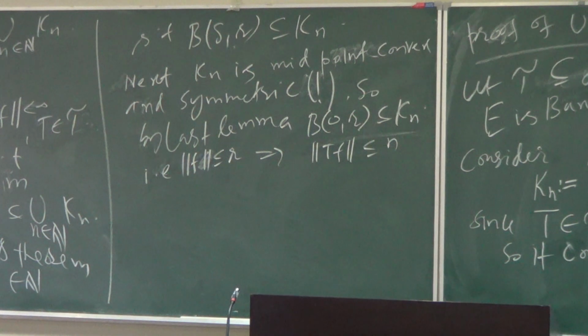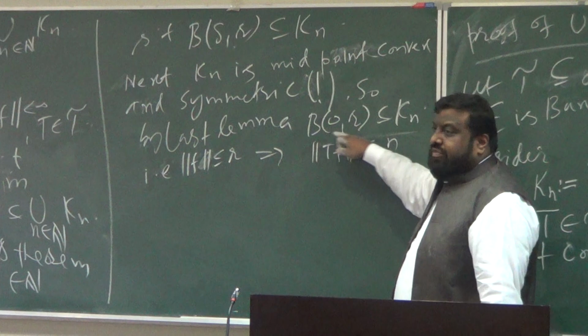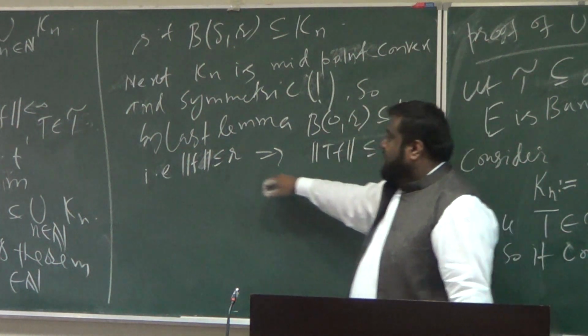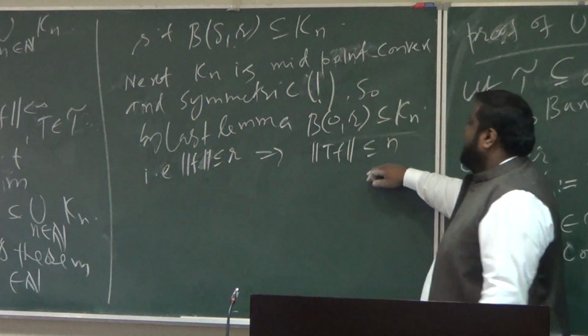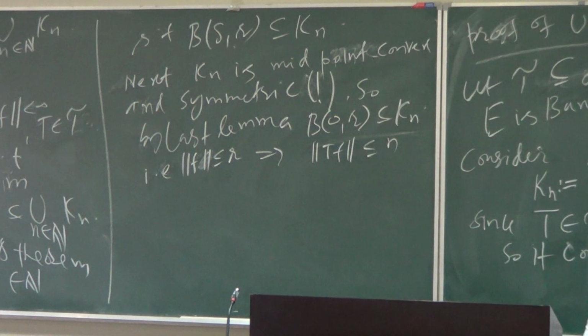This is what it actually means. So if you pick an f from this ball, this must be satisfied, and for such an f, this also must be satisfied. Are you getting the point?